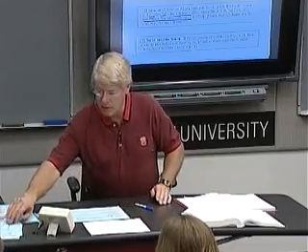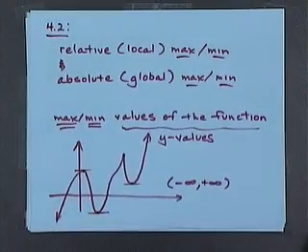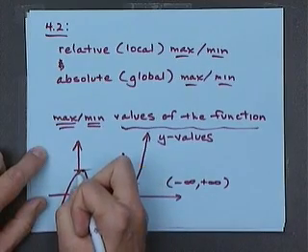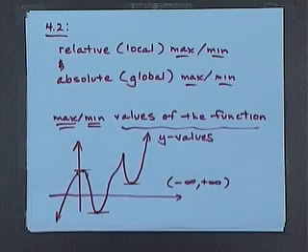So on my diagram over here, the reason that this is a relative max is you're actually looking at the picture a little bit left of there and a little bit right of there, so some open interval containing C. And if that happens to be the largest, or at least equal to all those values, it's a relative max.